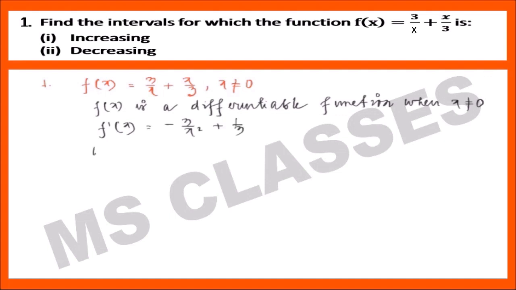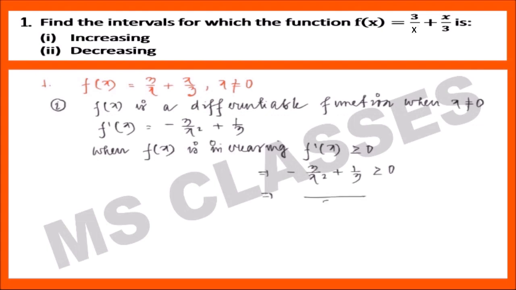When f(x) is increasing, f'(x) is greater than or equal to 0. So minus 3 by x square plus 1 by 3 is greater than or equal to 0.